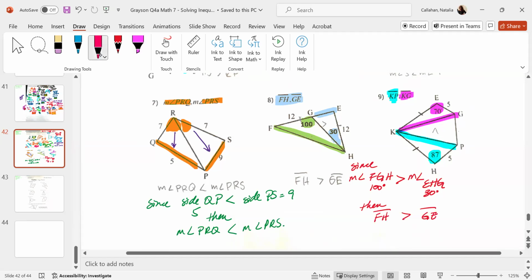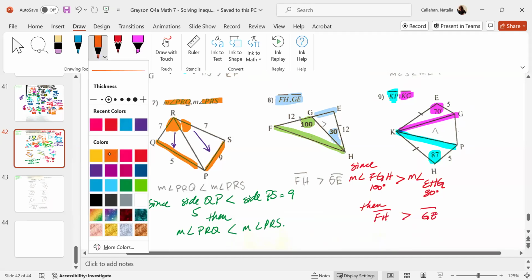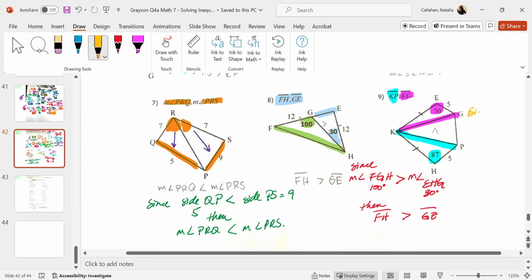So I would suggest that you start off with measurement angle, with an angle, and then end up with the side, okay? So we could say since measurement angle KHP, which is 87 degrees, is greater than measurement angle KEG, which is 70 degrees, right?